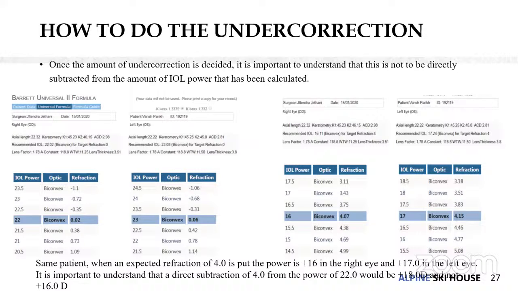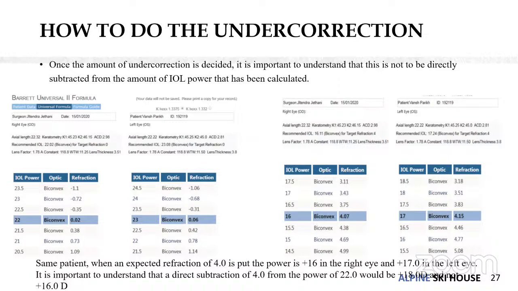One formula says that, for example, at the age of 3 years, we are targeting say +4 diopter hyperopia. In that case, this right side which you have shown is okay, where in the calculator you target +4 and then accordingly calculate the IOL power.